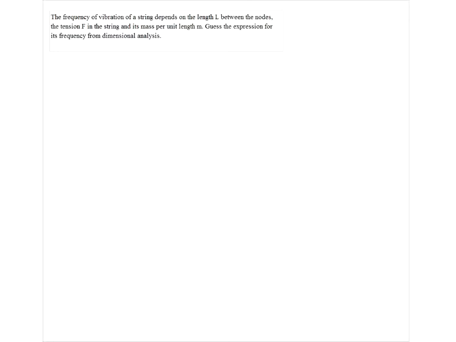These 2 points could be the bridges, or the guitar player could be pressing the string with his finger. The key idea is that between 2 points, the string oscillates.